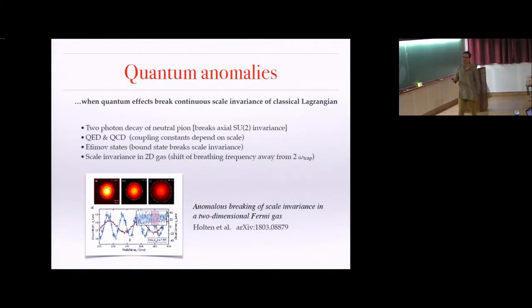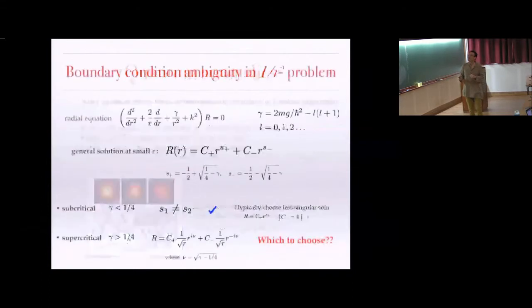In an experiment, people looked at this breathing mode of a two-dimensional gas, and they found the frequency of oscillation was very slightly shifted away from twice the trap frequency that I said it should be at, if it truly had this SO(2,1) scaling symmetry, according to Pitaevskii and Rosch.